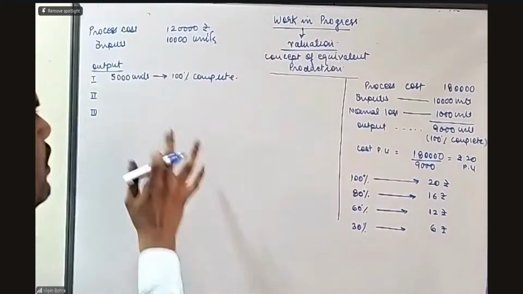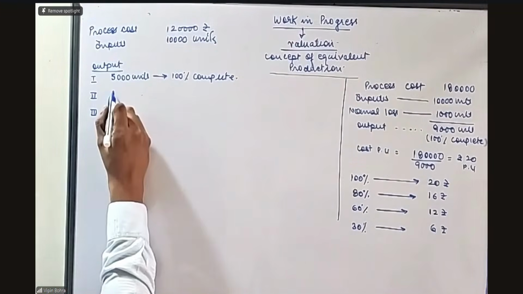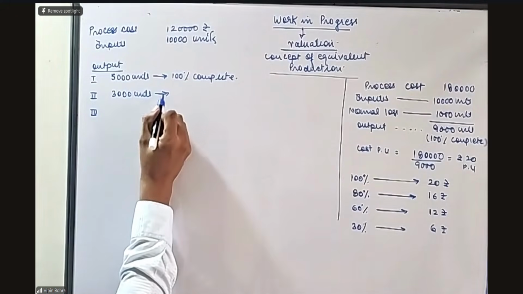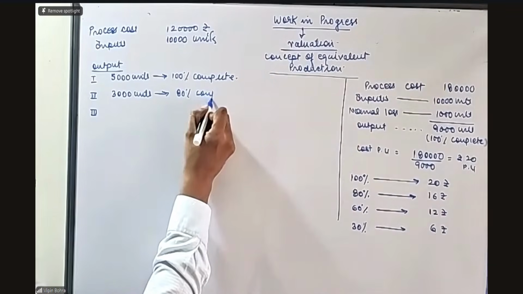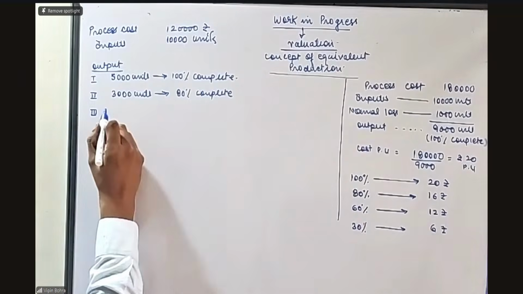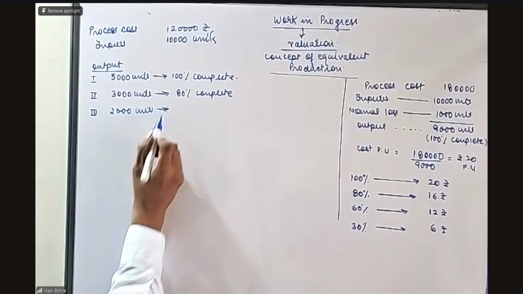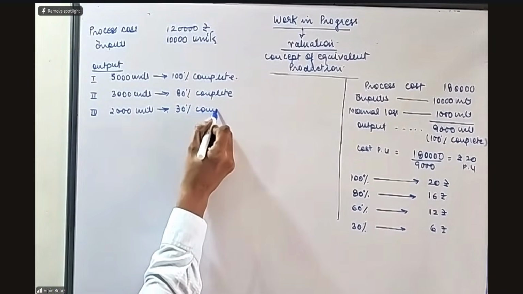Now, when talking about the output, we got output for 5,000 units that were 100% complete, 3,000 units that were 80% complete, and remaining 2,000 units were 30% complete.